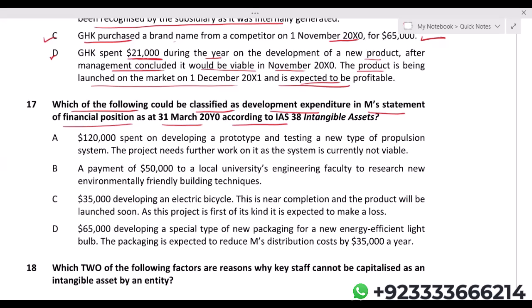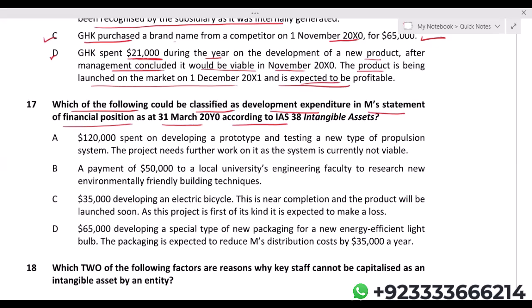If we quickly recall those 6 conditions: number one, completion of that intangible asset is financially feasible. Number two, technically feasible. Third, the company has the intention either to use it or to sell that asset. Fourth, the company has the ability to use or sell that asset.